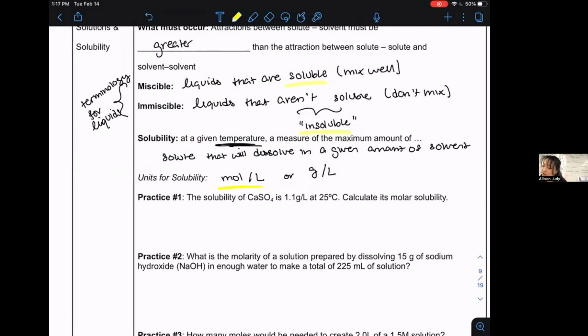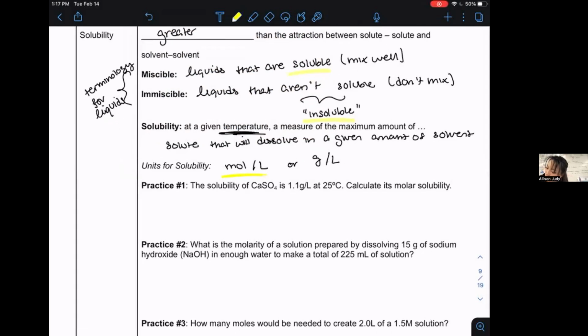So we call this the molar solubility value. That's all it's saying, kind of like saying molar volume, just a unit measured in molarity, particular to one concept.